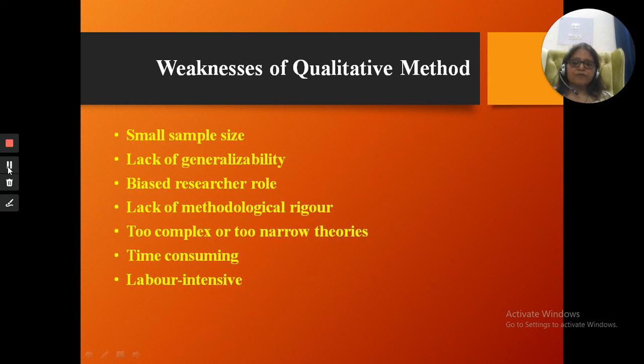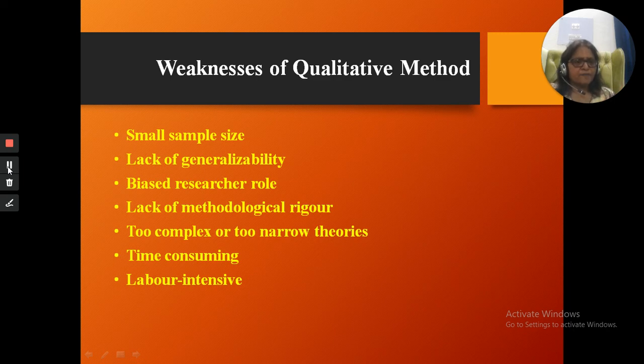It lacks proper methodological rigor. Why is proper methodological rigor missing? Because we cannot pre-decide in qualitative research. We keep moving ahead as things keep proceeding. But in quantitative research, we pre-decide very carefully.